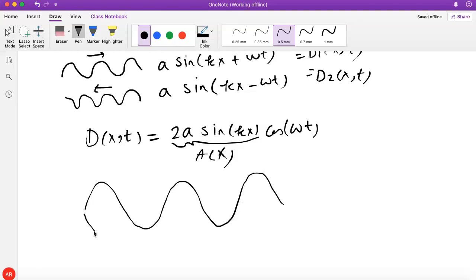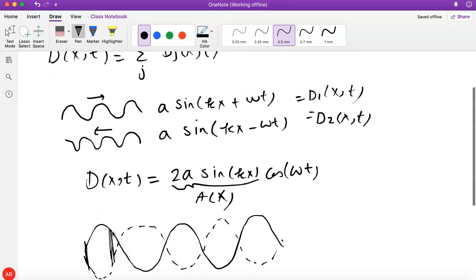So it gives rise to oscillations between these minima and maxima. At every point we get these oscillations, and the wave seems to be just standing there. There's no concept of it traveling. If you break it up into these traveling components, you have one component going to the left, one component going to the right with the same speed.